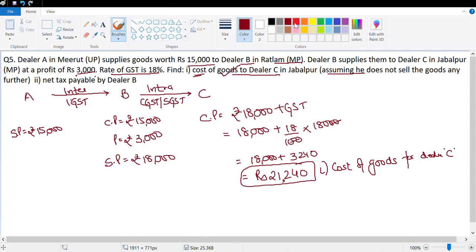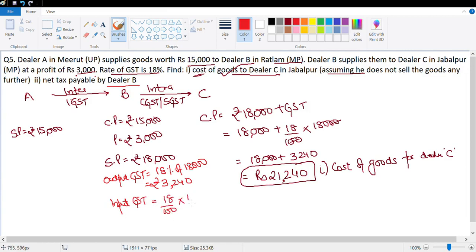Let's look at the second part of the question, which is net tax payable by dealer B. For him, we know output GST is equal to 18% of 18,000, which we have just calculated, equal to rupees 3,240. And input GST for him, which is calculated at 18% of the cost price, is 18 upon 100 into 15,000.